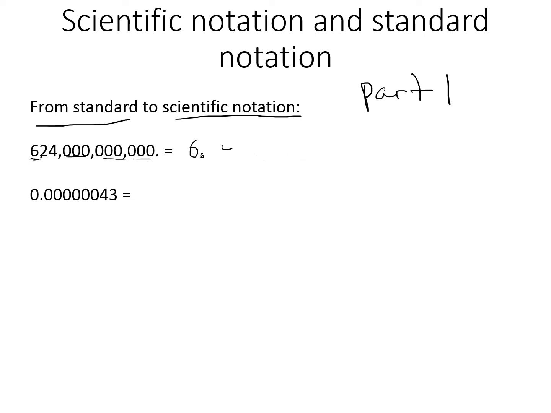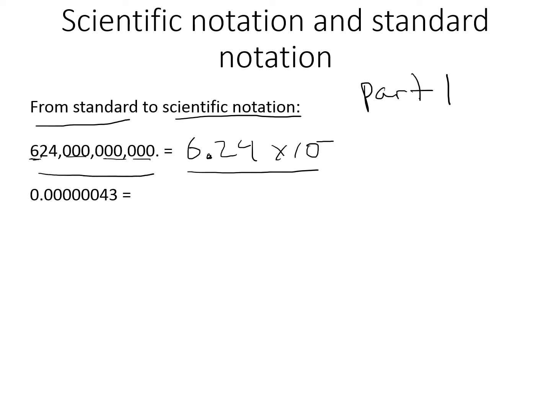What would be? So whatever number we're going to put here, 6.24 times 10 to the something. What we want to figure out is what exponent we need to put here to make this value equal this value. And it's pretty simple.